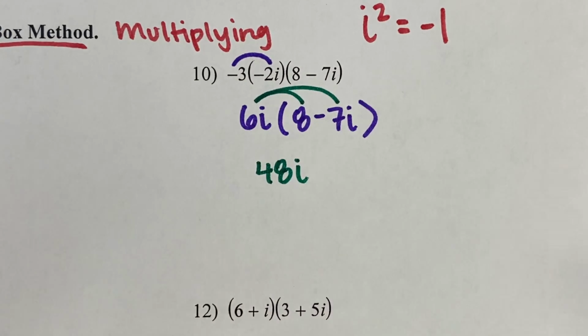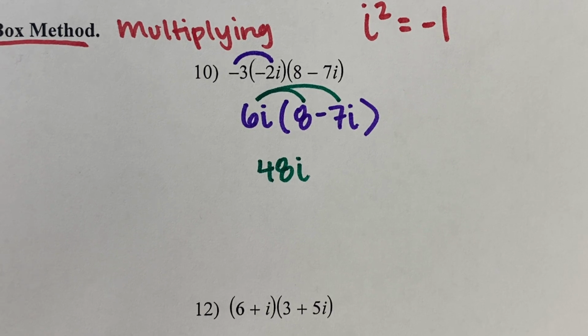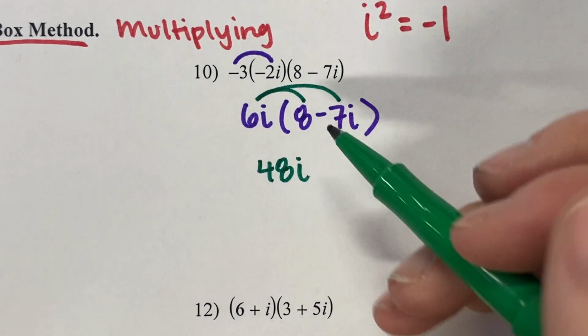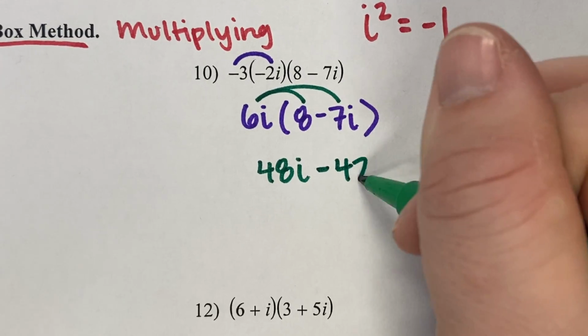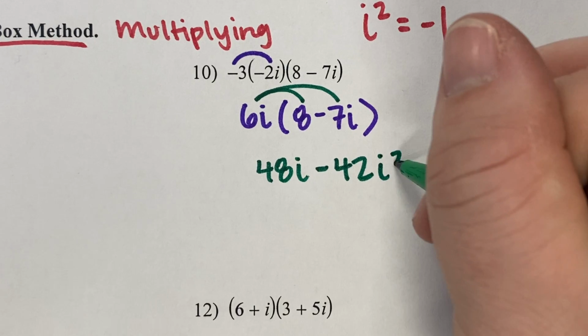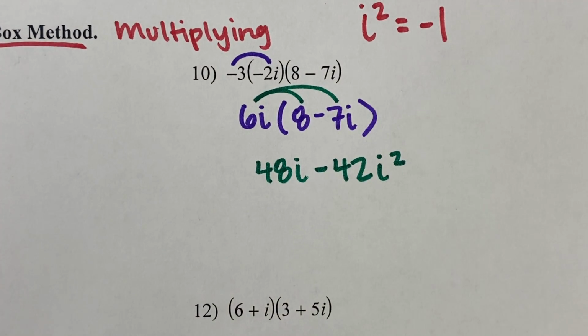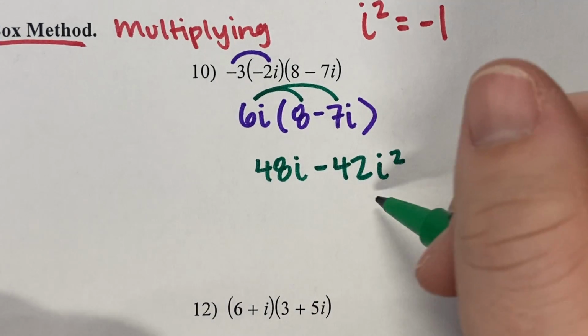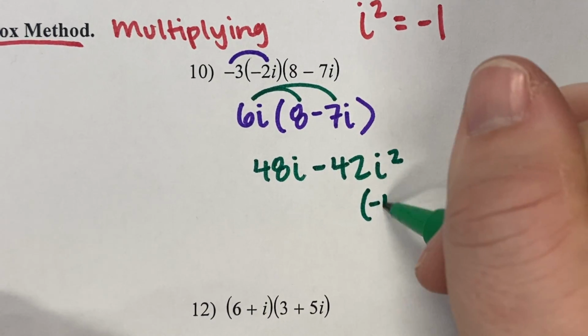And then 6i times negative 7, 6 times 7, gotta remind myself, that's going to be negative 42, and since there are two i's being multiplied together, i squared. Now remember that i squared always turns into negative 1.